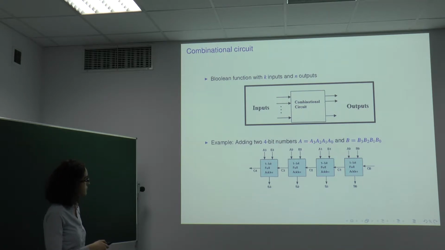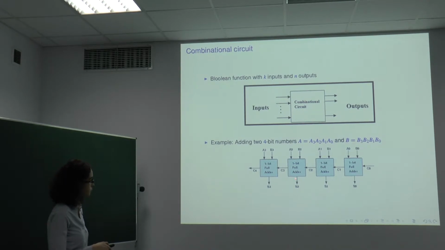One can easily count that this function has 9 inputs: there are 4 bits of A and 4 bits of B, and also as an input it has the carry-in bit. It returns the sums corresponding to each of the 4 bits and the carry bit.